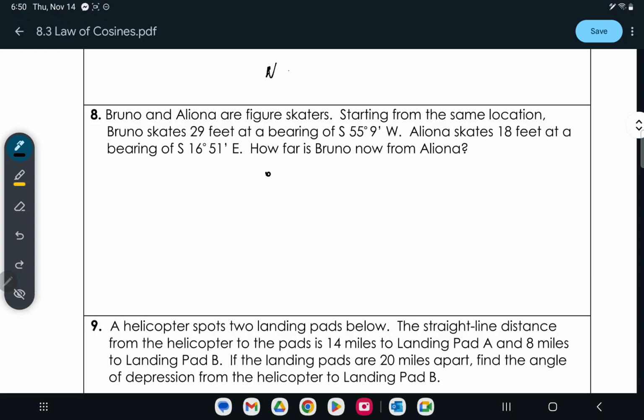So let's see, north, east, south, west, like this. The bearing part means this angle here is, and we'll convert 55 and 9 out of 60, and that gives me 55.15, I believe. Yep.